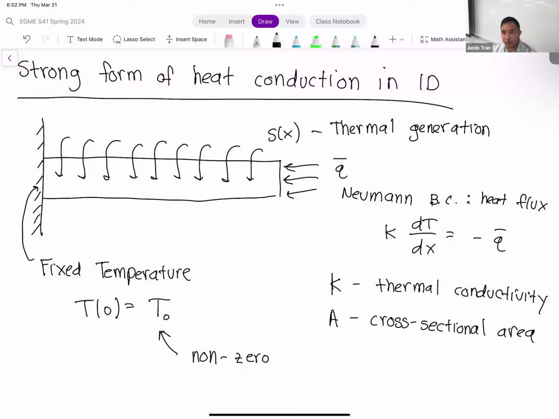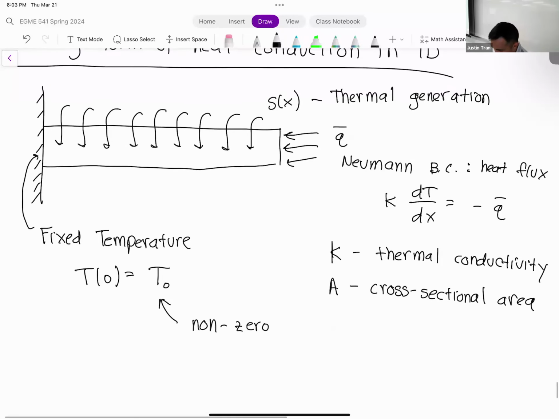Yes, so we haven't introduced A into the equation yet, but the A will show up when we write out the differential equation. Yep. Okay.